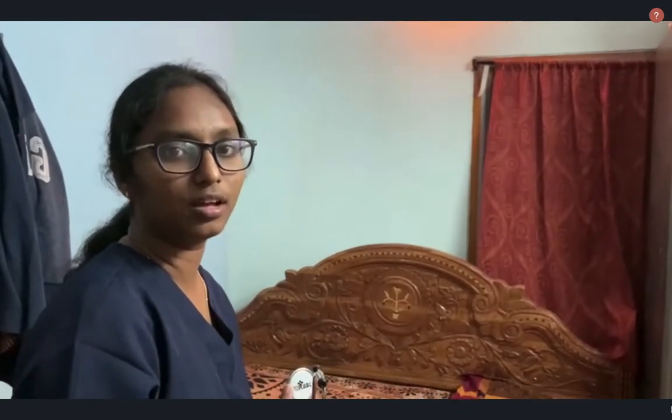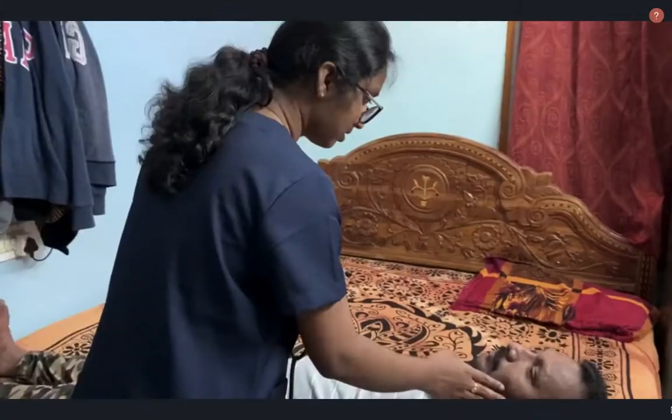While auscultating, ask the patient to hold their breath to hear any turbulent flow in the carotid arteries. When a person is breathing, it may interrupt the murmurs which are present in the carotid artery. So, ask the patient to hold their breath when you are auscultating the carotid pulse.